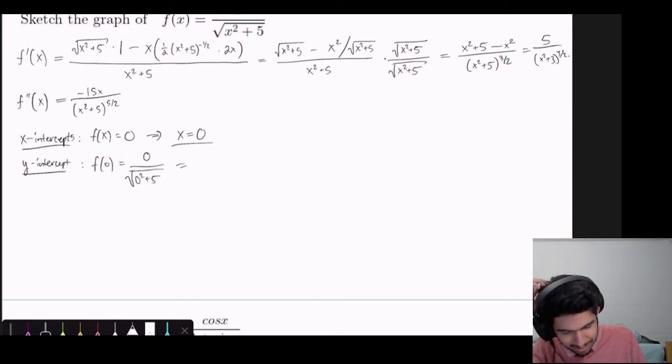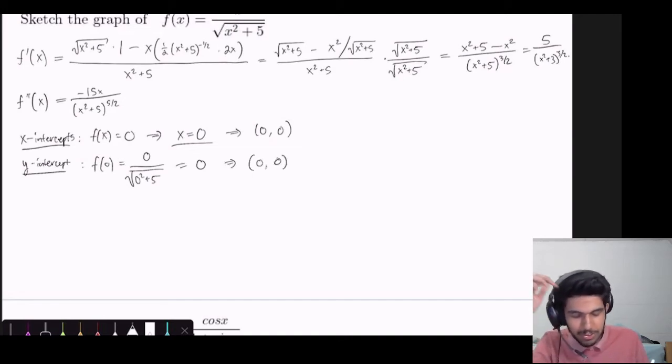Our numerator is 0, so this equals 0. So we can just write some coordinates for this. The x-intercept, x equals 0, and the y value is 0, because that's what an x-intercept is. Here the x value is 0, and the y value is also 0. So we have an intercept at the origin, basically. That is all of our intercepts.